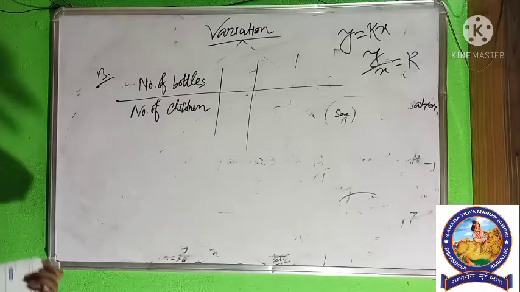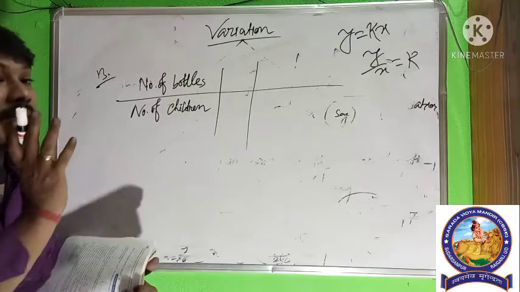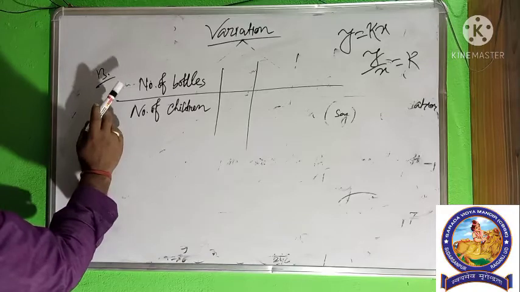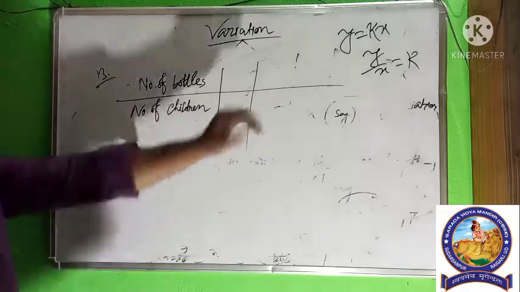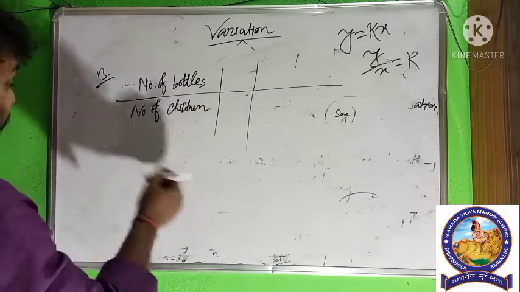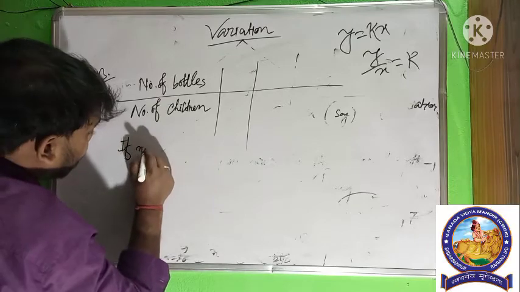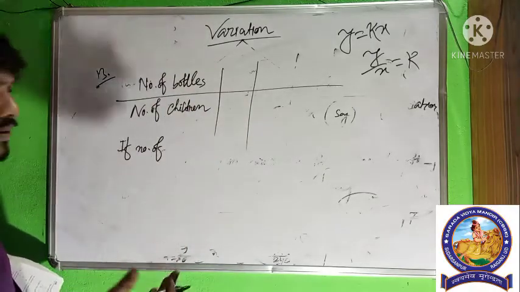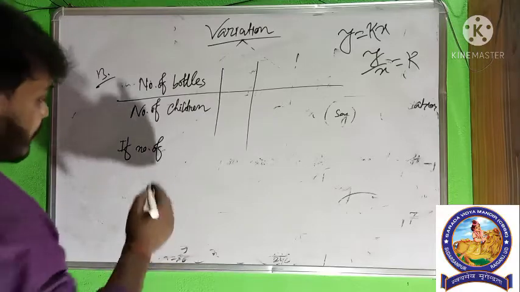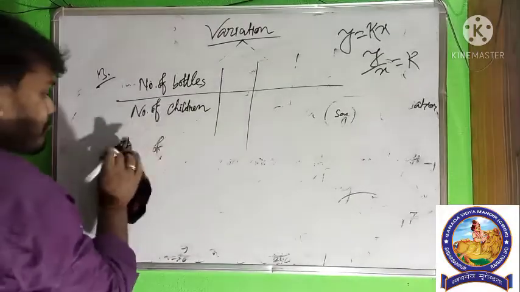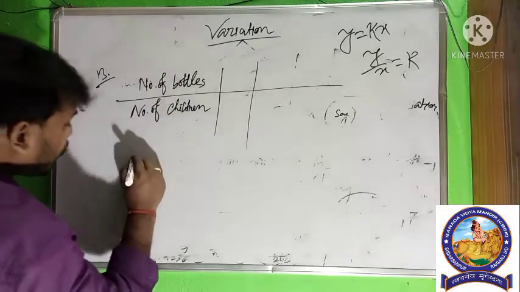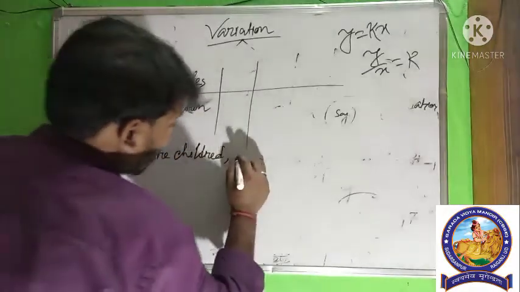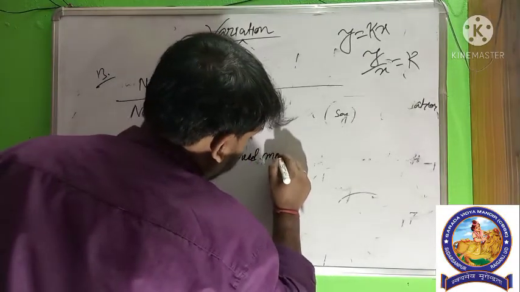So in this case you must write what happens if one quantity is increased, then the other. If the number of children increases, then more bottles are needed. So more children need more bottles.